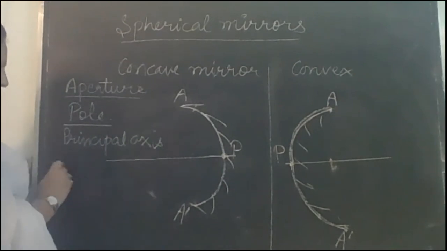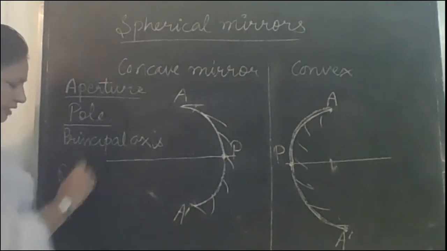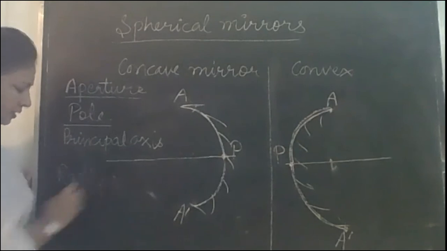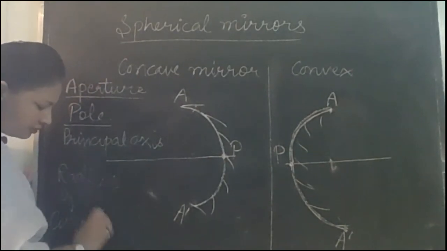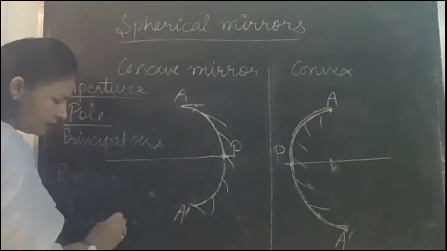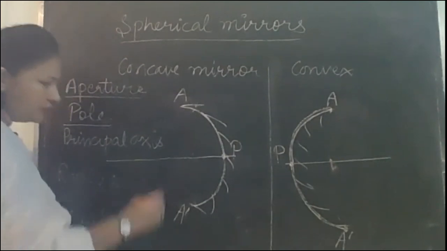Next is radius of curvature, capital R is the symbol.